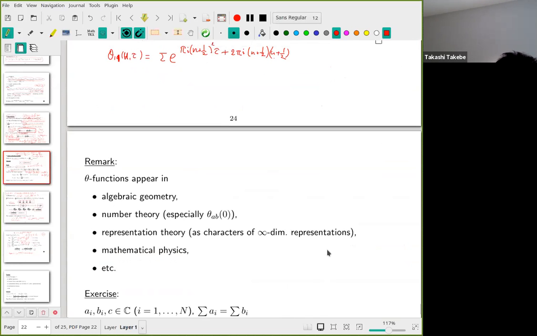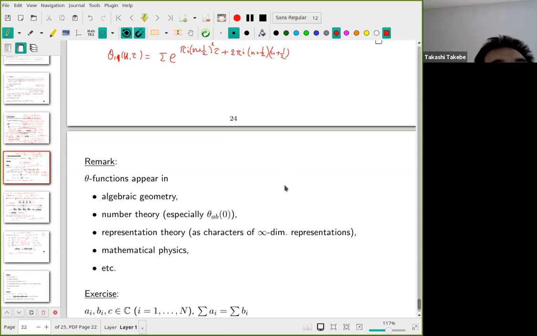And this is very fundamental objects. Well, we introduced this by saying that their quasi-periodicity and holomorphism, the condition of holomorphism are too strong, so just compromise and we introduce certain quasi-periodicity.